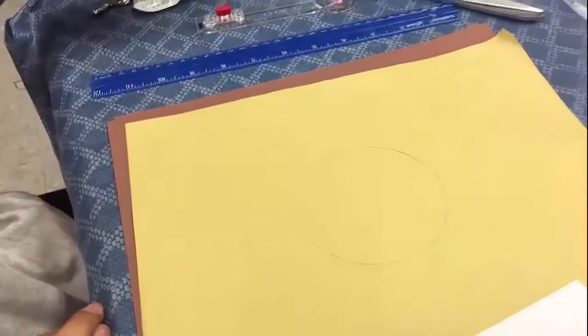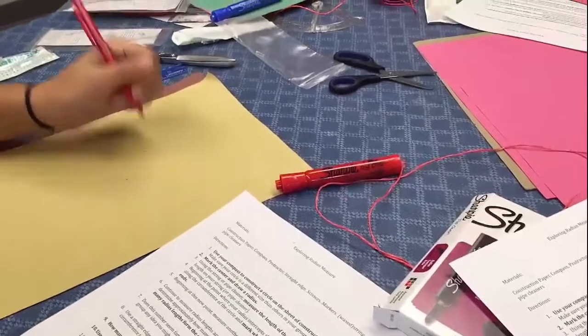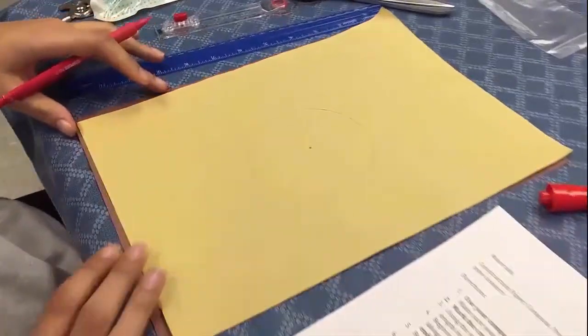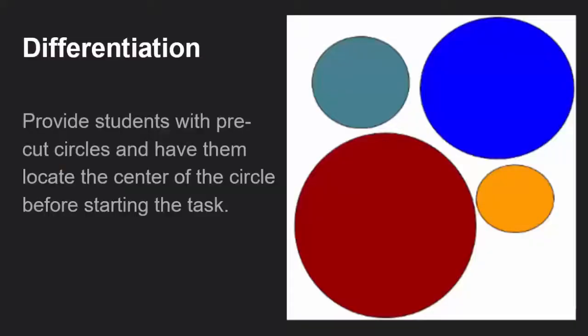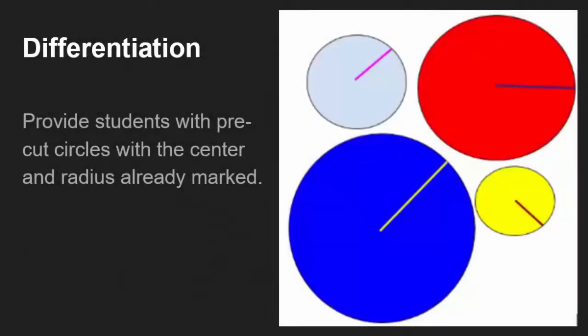Students will begin the task using a compass to construct a circle, marking the center and radius of a circle. It's important that all group members choose a different size of circle. Differentiation ideas for this task include providing students with pre-cut circles and having them locate the center and radius of the circle, or providing students with pre-cut circles in which the center and the radius have already been marked.